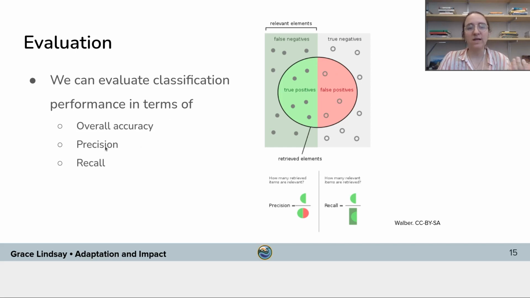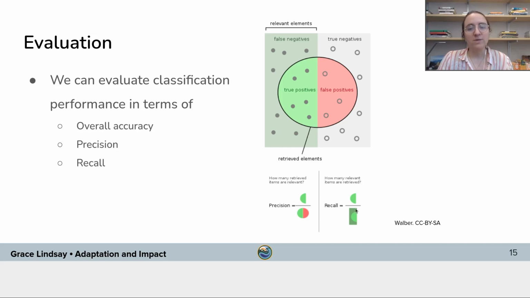So to understand the metrics of precision and recall, precision is a measure of how many of the points, in this case, how many of the locations that our model says contains crops, how many actually do. So that's the fraction of true positives over the sum of true and false positives. So what fraction of all the data points that the model says, yes, there's crops here, what fraction of those actually contain crops?